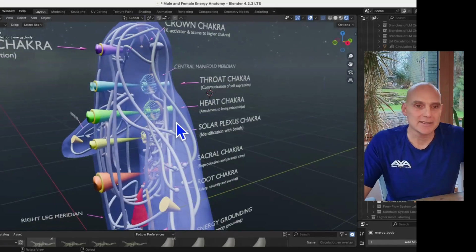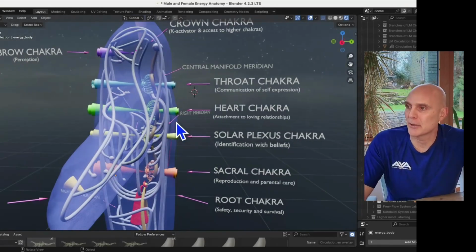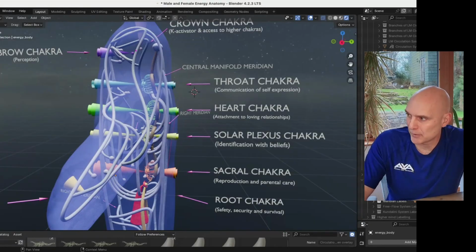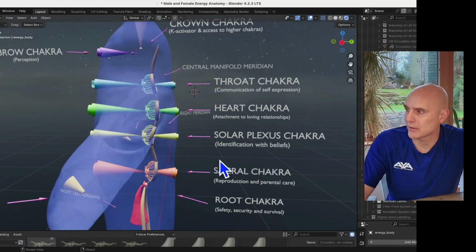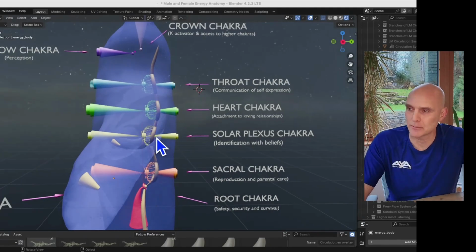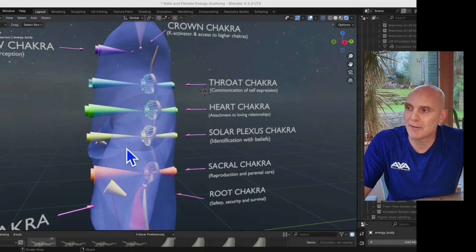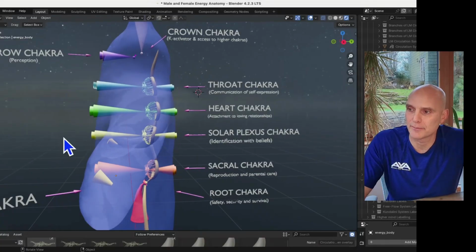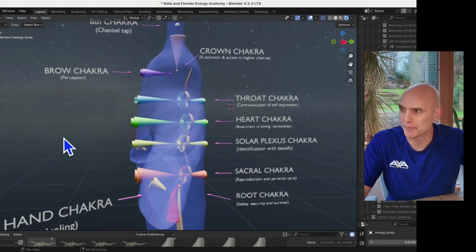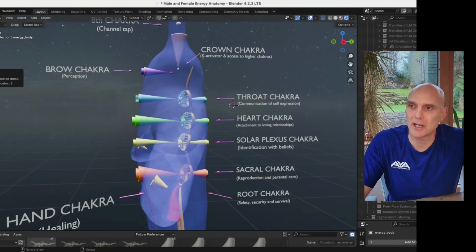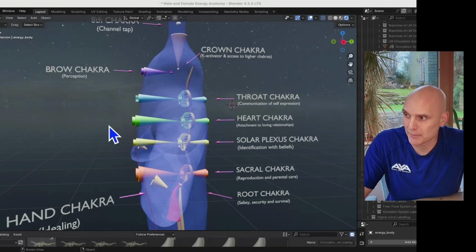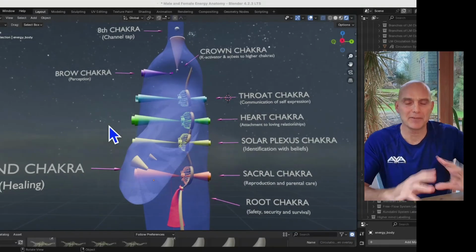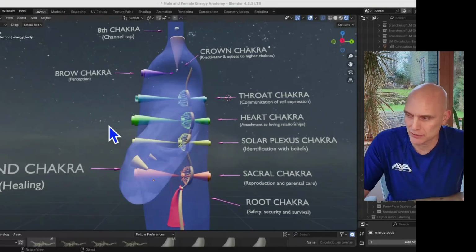So let's start now with the chakra system and go into detail. So I'll take the meridian system off for a minute and let's talk about chakras. Right then. So let's start with a definition of a chakra, because they all have one particular function, and that is an energy pump. Now, there are hundreds of chakras around the body, and they often have very different specialized roles.